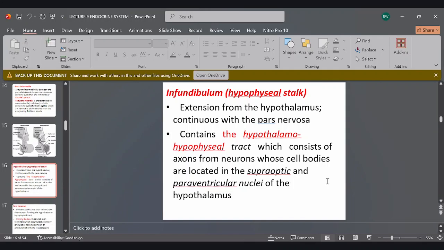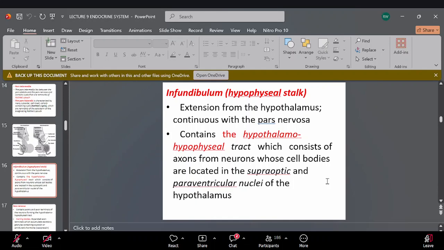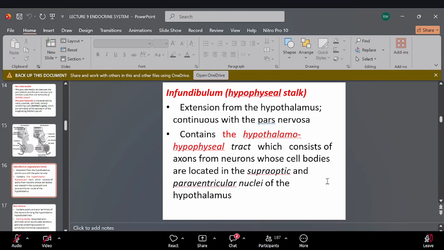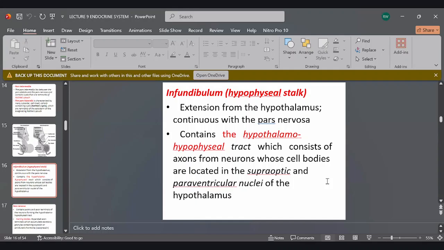The pars tuberalis has cuboidal cells, and they are also lined by cysts of the Rathke's cyst, which are remnants of the ectoderm of Rathke's pouch.